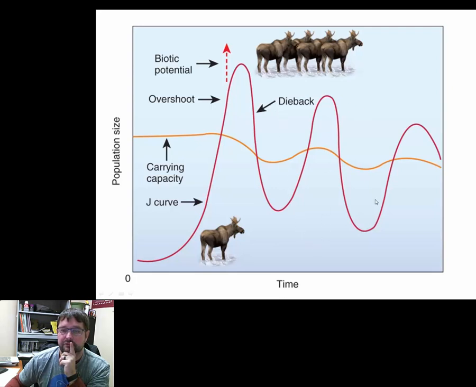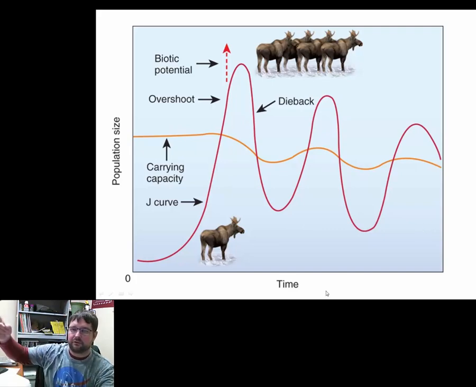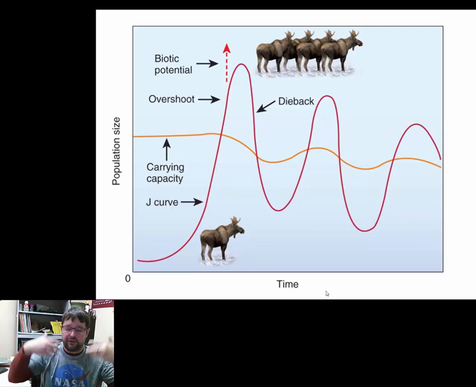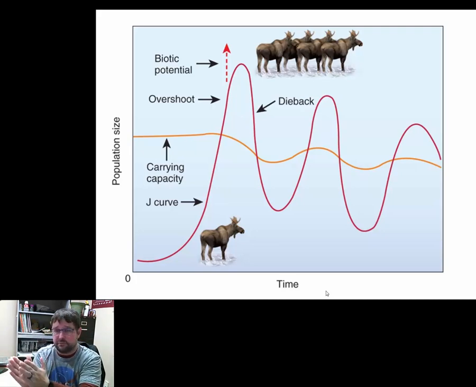And so you would get this inside, just to the right of that curve, you'd see the wolf population going up and down, because as the moose population increases, the wolf population has, you know, a year, maybe 2 years, to then increase and knock them back down. And then as they knock back down, they have 2 years or so to die off, and then back and forth.